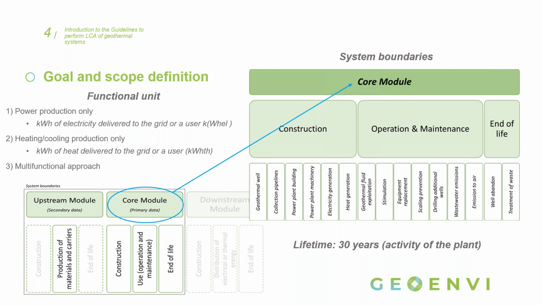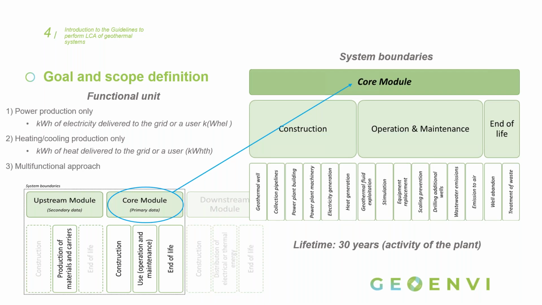Quite a detailed section is devoted to the system boundaries definitions, and it consists in the system under investigation being divided into three modules: the upstream, the core, and the downstream modules. In any case, the core module must always be included in the LCA of a geothermal system.